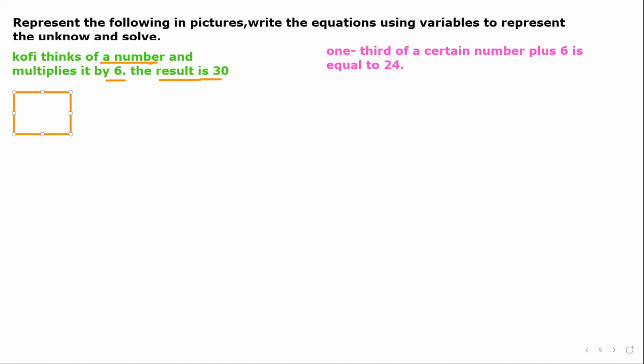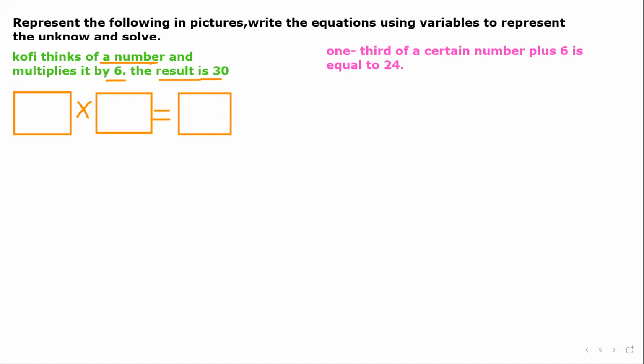This first box represents the number that Kofi was thinking of, and then he multiplied that number by 6. So this box will also represent the 6, and then the result is 30. So the number that Kofi was thinking of multiplied by the 6 that will be in the box, and the answer is 30.